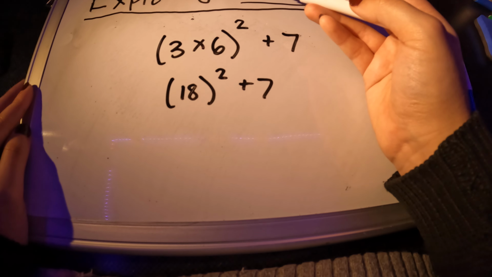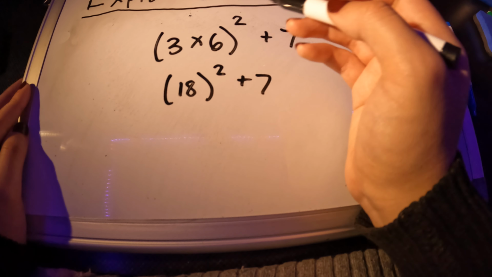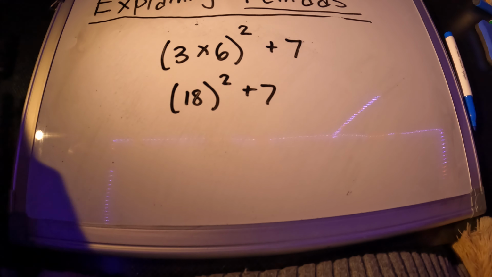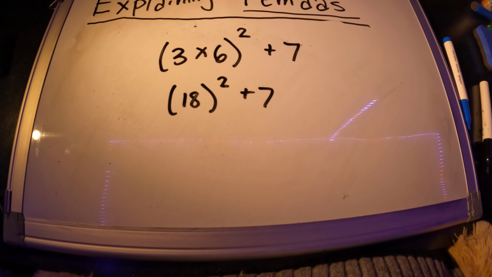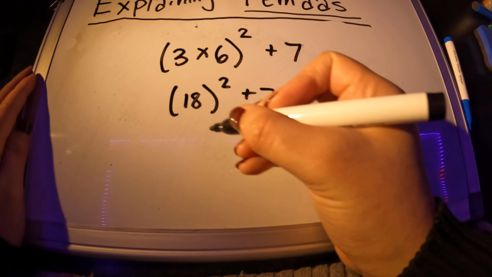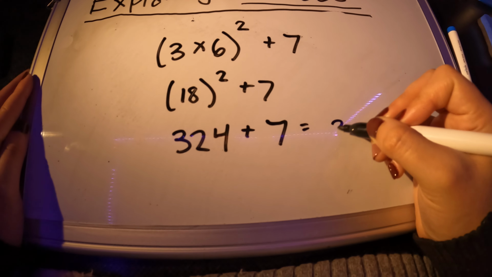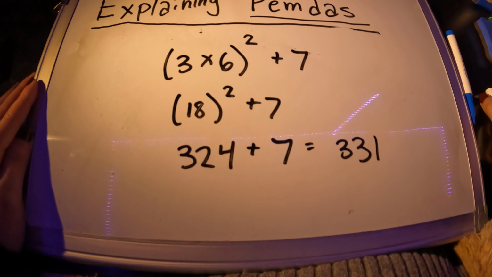The next part of PEMDAS is exponents. So 18 squared is just 18 times 18, and putting that into the calculator, you get 324. Then you would add 7, and that's 331.